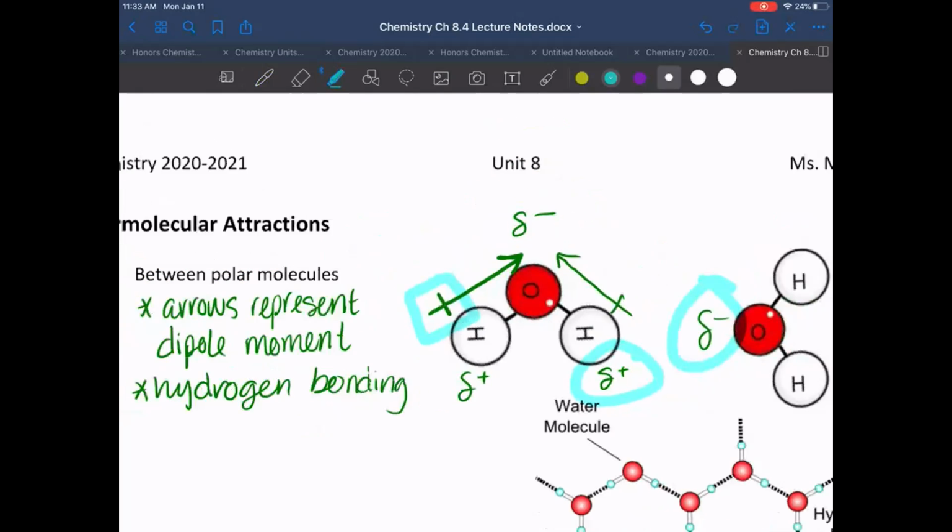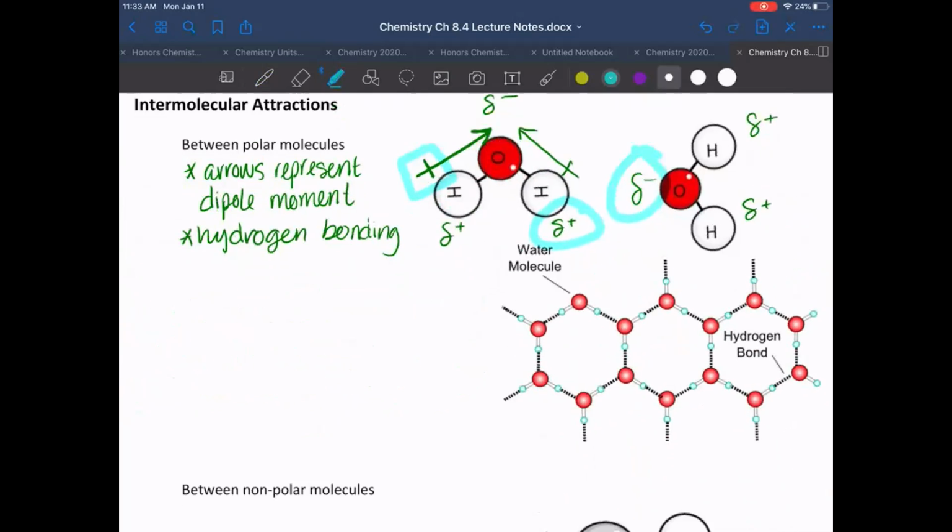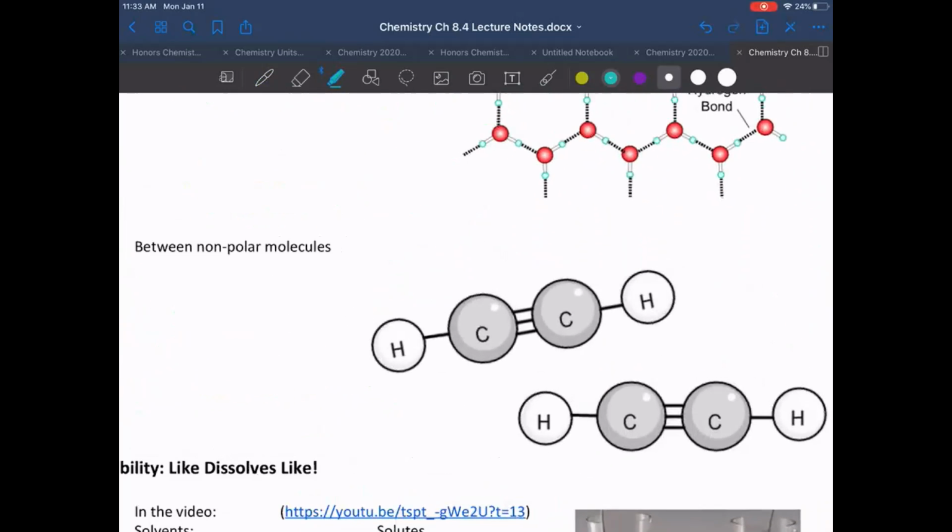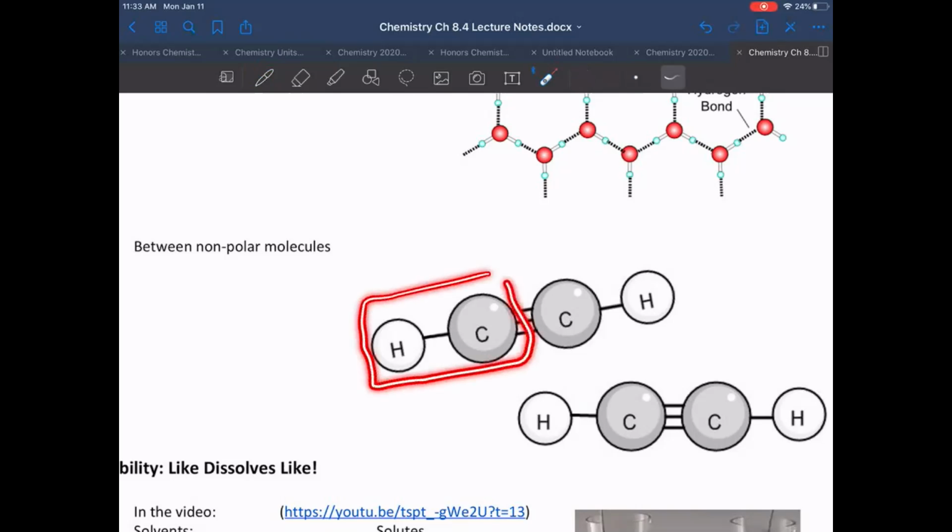Awesome. Okay, let's talk about nonpolar then. So this is acetylene. This is actually what welders use. This is the gas they use in their torches. Now, if we think about the electronegativity difference between hydrogen and carbon, what did we determine that was? What type of bond?